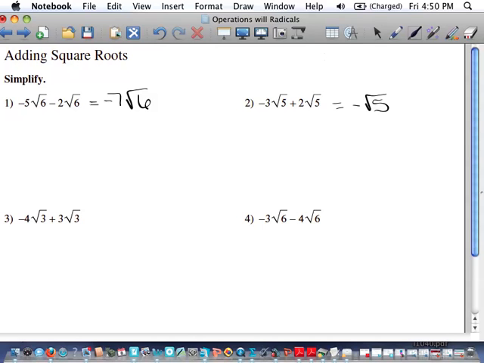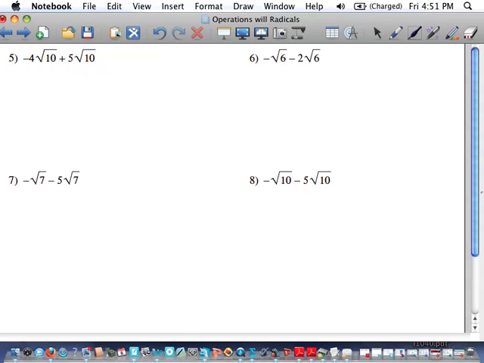Number 3, again, minus 4 root 3 plus 3 root 3 would just give me minus the square root of 3. Number 4, minus 3 root 6 minus 4 root 6 is going to give me minus 7 square root of 6. Again, these radicands are the same.